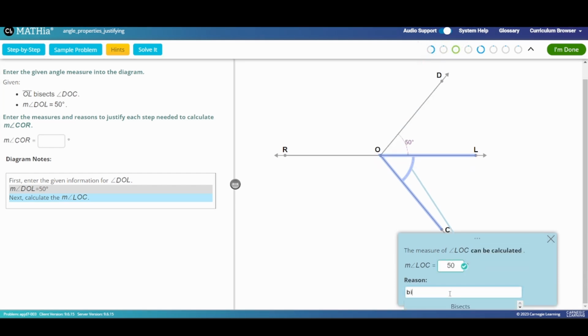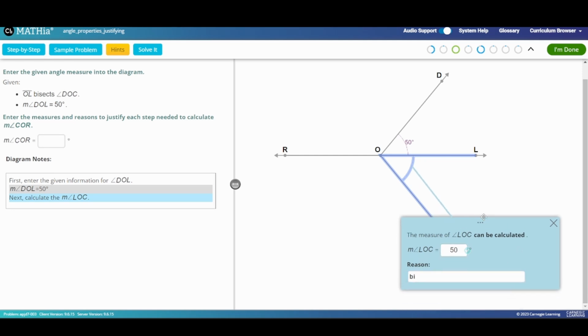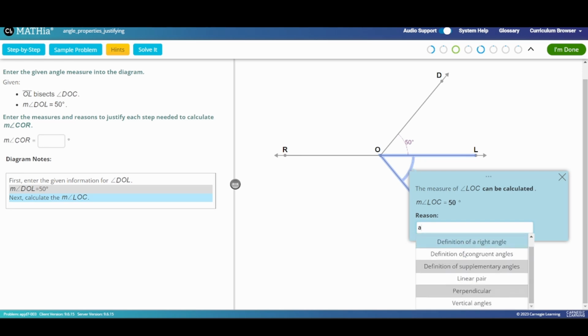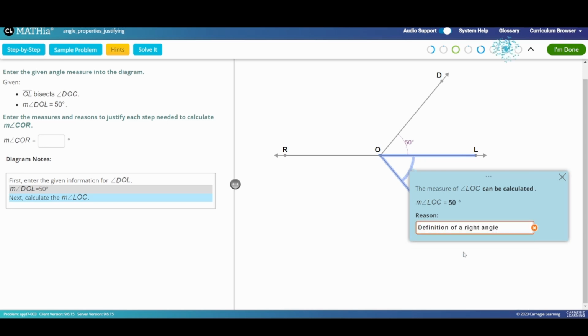The reason for that, if I just start typing in bisects, let me move this up a little bit so you can see that. Again, in here, if I type in a random letter, look at all these different reasons. Or if I do a different one, you can see that one wasn't correct. Remember, this needs to be bisects. So I'm going to type in the B for bisects, type in the I too, and there you go.